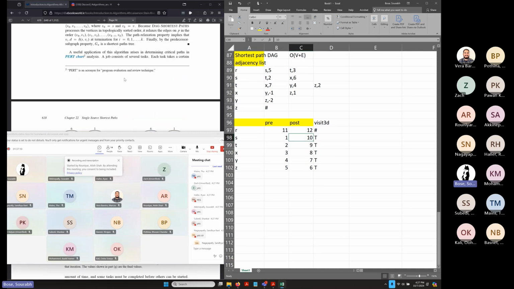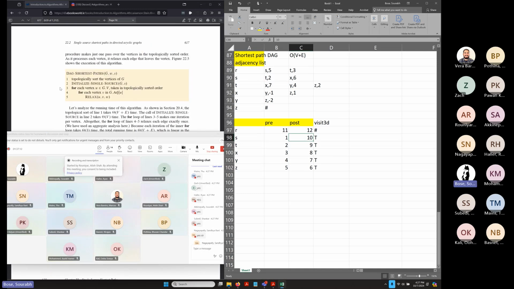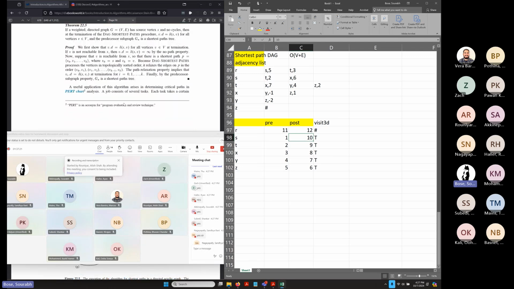So starting from the source, going to the sink. For each vertex that is a child node of that particular source node, relax that vertex.